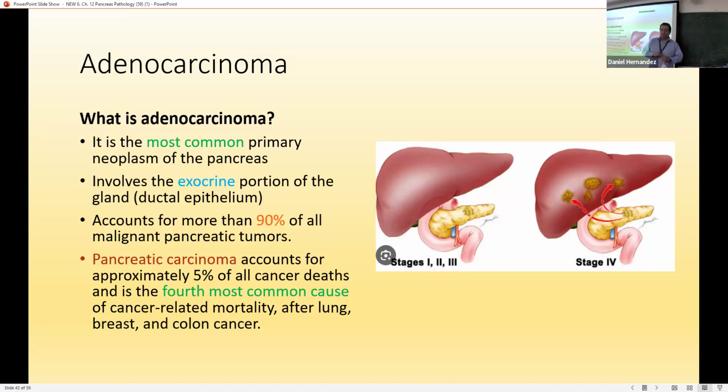So again, far and away the most common form of malignant pancreatic tumor. So that's what we worry about. Pancreatic carcinomas account for approximately 5% of all cancer deaths, and it is the fourth most common cause of cancer-related mortality after lung, breast, and colon.